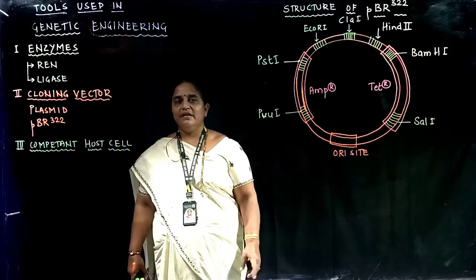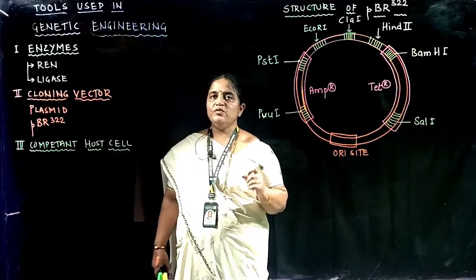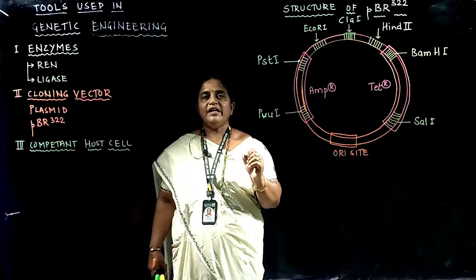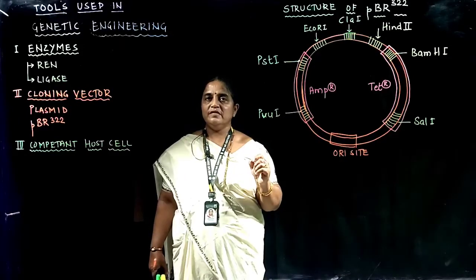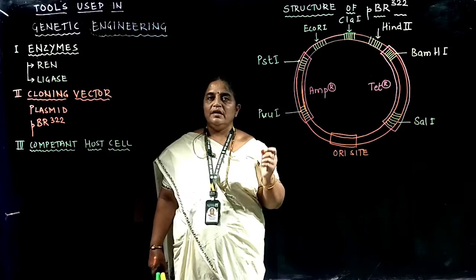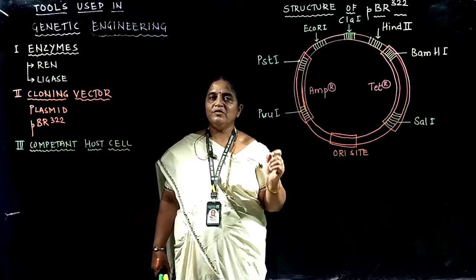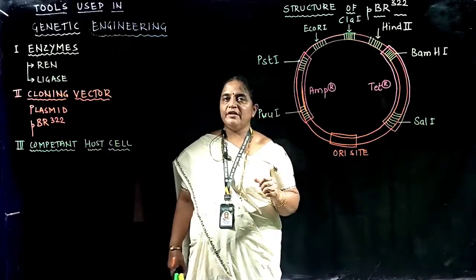Hello students. In the previous session I discussed various tools used in genetic engineering. In biotechnology, the processes are used in modifying genotypes and phenotypes using technology to get products for human welfare.